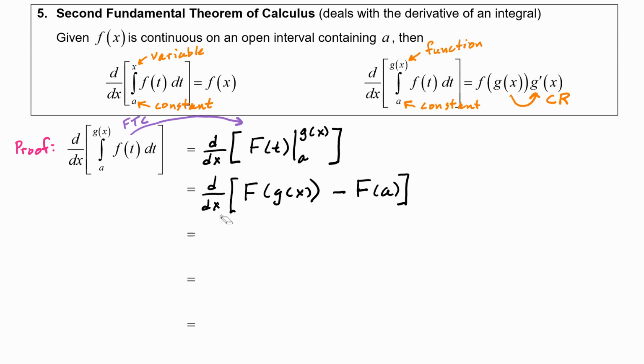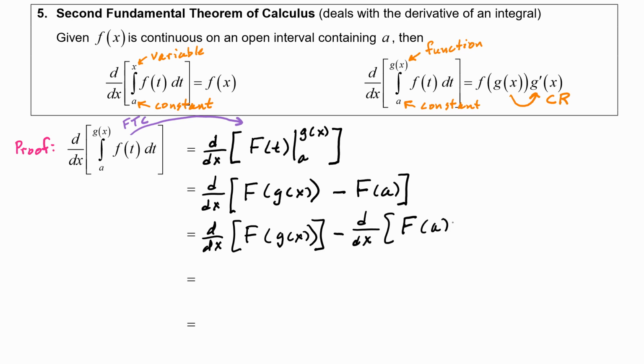Now we have the derivative with respect to x of this difference, so we can apply the derivative to each of these terms separately. So we have derivative with respect to x of capital F of g of x minus the derivative with respect to x of capital F of a.